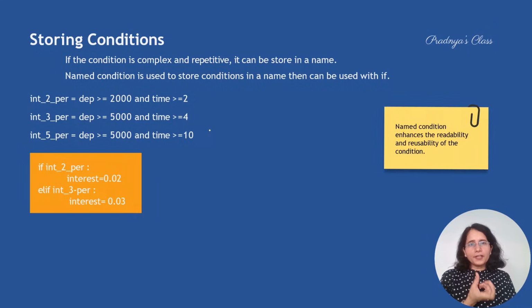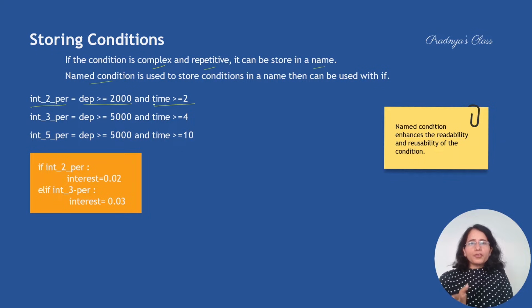One more concept related to if is named condition. If the conditions are complex and repetitive, we can store them in a name and that name we can use in a condition. So it increases the readability and the usability of the conditions. We want to calculate the interest based on some factors. So here we are calculating interest is 2% if this is the first condition and this is the second condition.